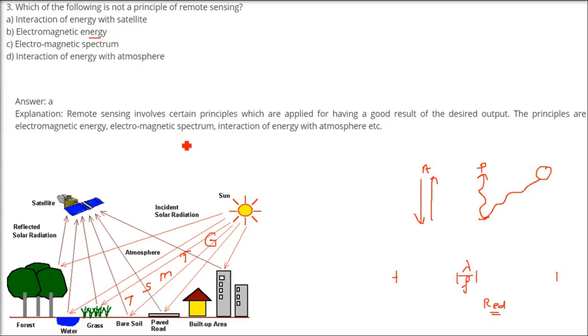So this interaction of energy with atmosphere is there. The answer is that interaction of energy with satellite is not a principle. It is a process, definitely, but not a principle. The other three are proper principles of remote sensing.